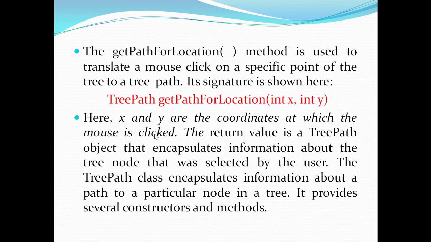Here x and y are the coordinates at which the mouse is clicked. The return value is a TreePath object that encapsulates information about the tree node that was selected by the user. The TreePath class encapsulates information about a path to a particular node in a tree. It provides several constructors and methods.